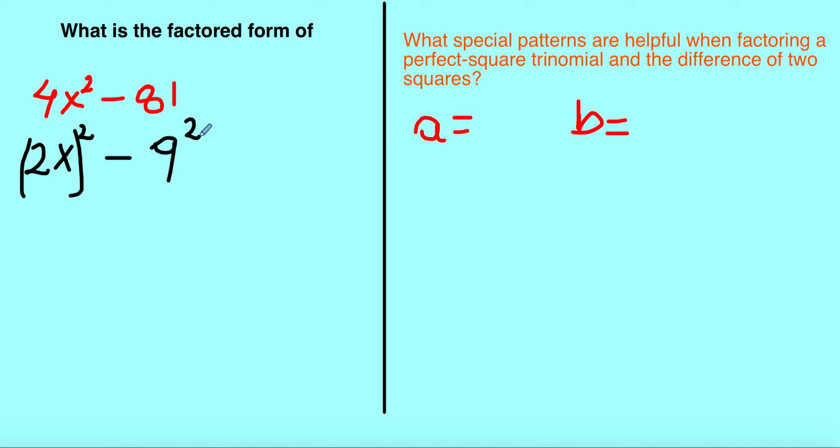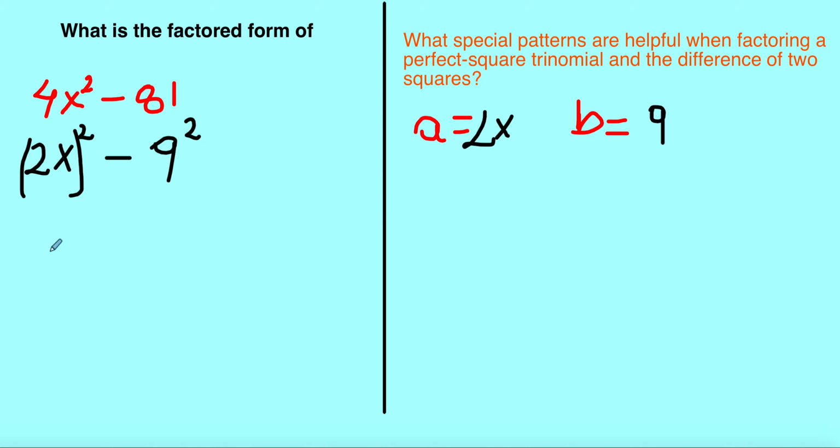Now, the first step I'm okay with. Let's see now with the second step. If the binomial fits the pattern, what do we have? We have a is equal to 2x, right? And b is 9. So in this case, we see that the binomial fits the pattern.